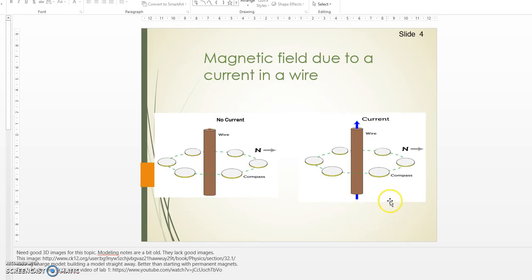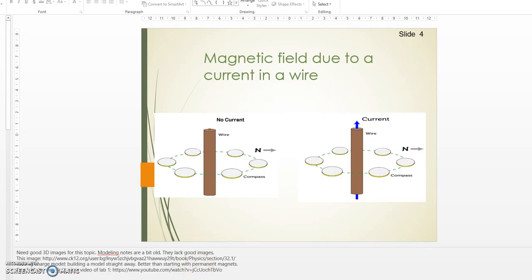Students have learnt from the first lab the right-hand wrapping rule, so they know that the compass needle is going to experience, looking down on it, what we would call an anti-clockwise movement. I think that's the right way to describe it. And so then they would have to redraw the arrows in their compasses to take into account the magnetic field of the wire.